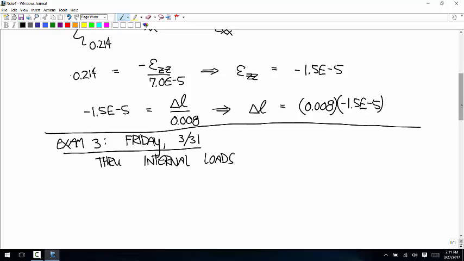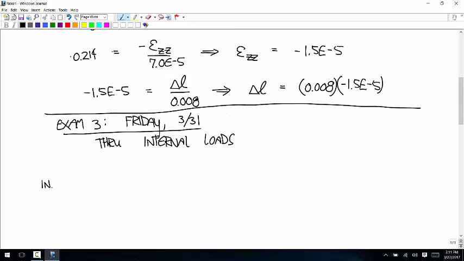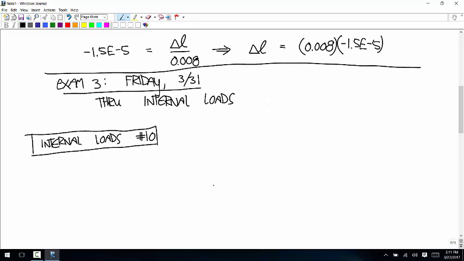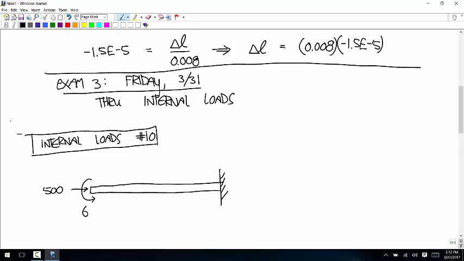Okay, 10. This is internal loads. What's hard about number 10? I'll draw it. So it's a cantilever like this, and there's a 500 Newton force at the left, and a couple at the left of 600 Newton meters.